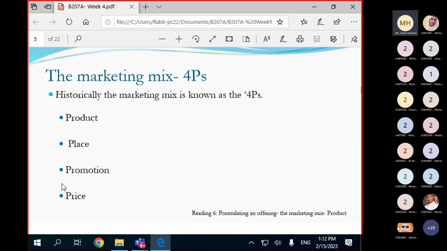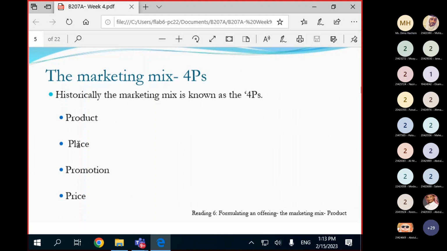This is what I'm offering. I'm not only offering a product. I'm not only offering a place to sell my product. I'm offering a full package: the product that my customers need and want, along with a place for this target market to find my product that is convenient to them, along with a promotion that attracts the attention of the target market, and also a price that is convenient to them, that they can afford to pay.